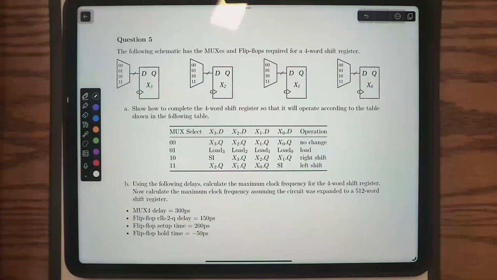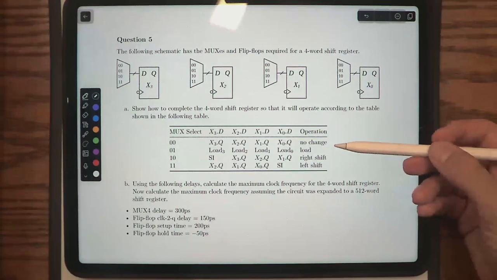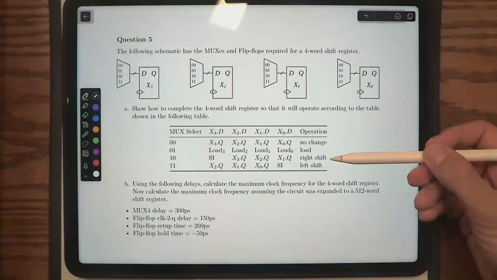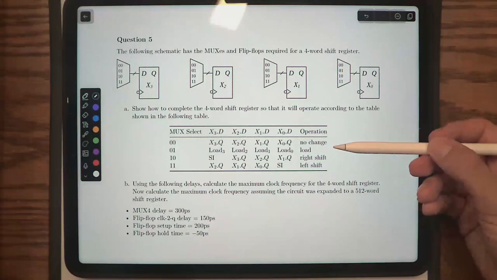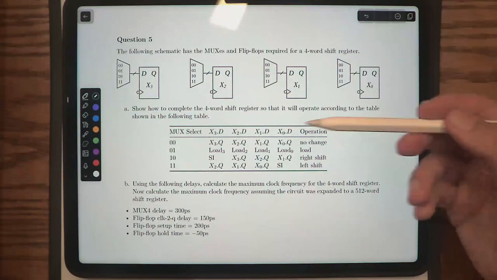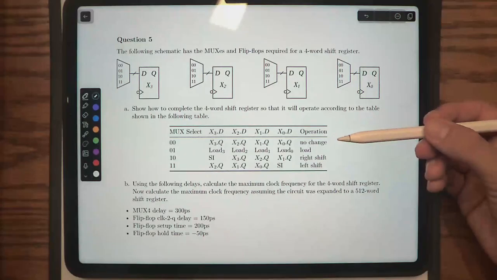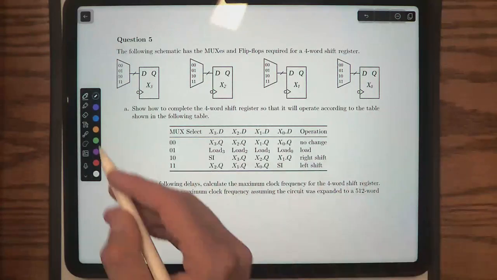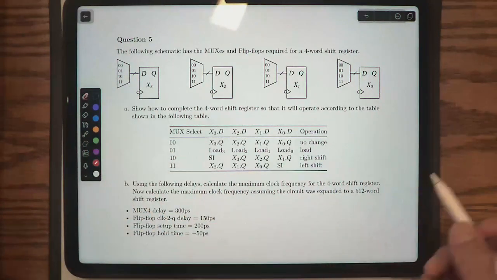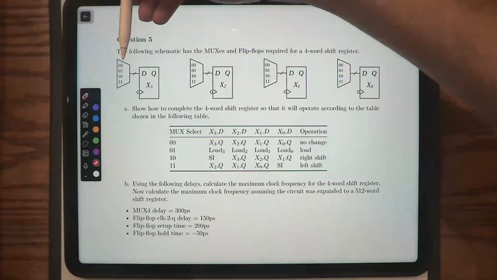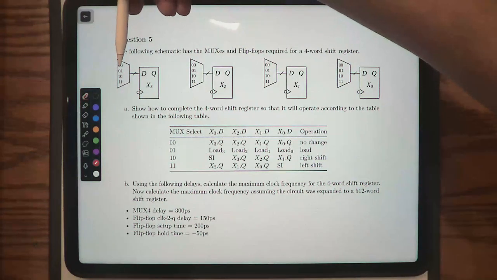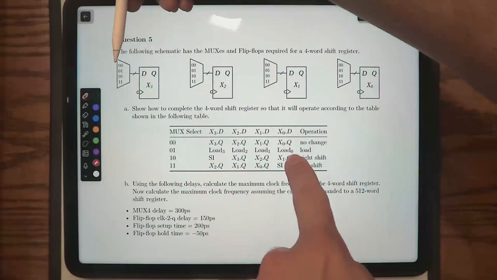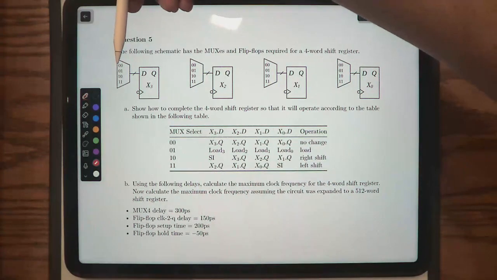So I don't think we'll go through all of these, but this first one right here, 0, 0, says the operation is no change. So how do we implement this? This 0, 0, what do we put for this input to make sure that we have the no change operation implemented?